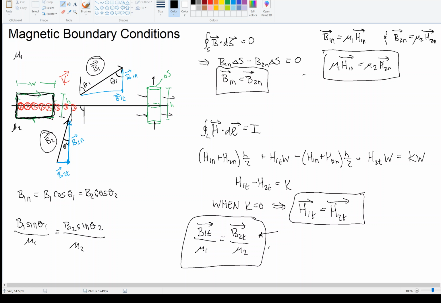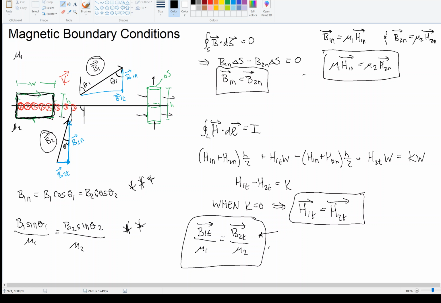Now, if we divide the two expressions and rearrange things a little bit, then we have sines over cosines, and the B's drop out.